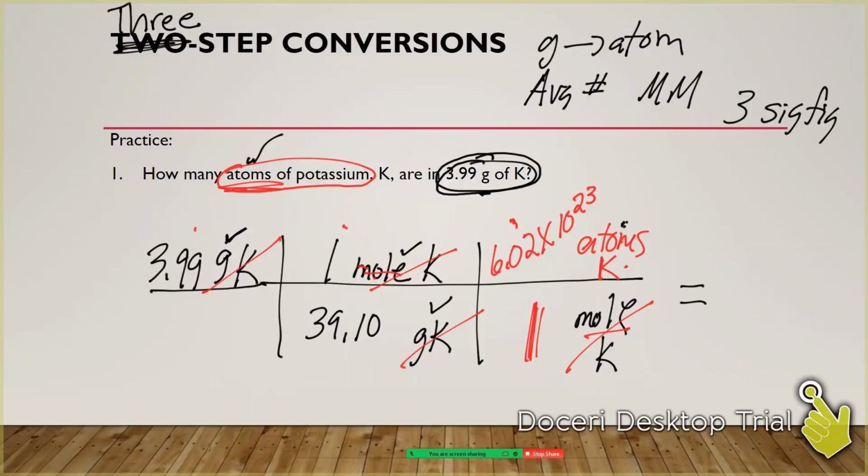And once you multiply across, then come back and divide by what's on the bottom, the 39.10. So now is my number going to get smaller or larger from the original 3.99? A lot larger, right? Yeah. So be sure you don't miss your exponent.